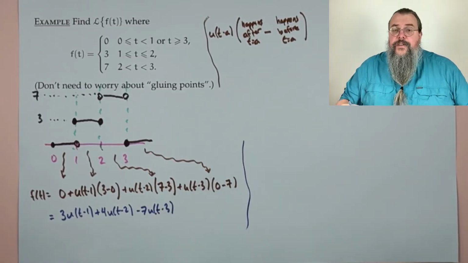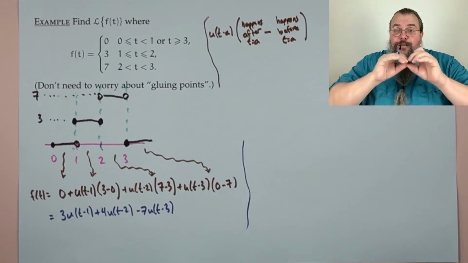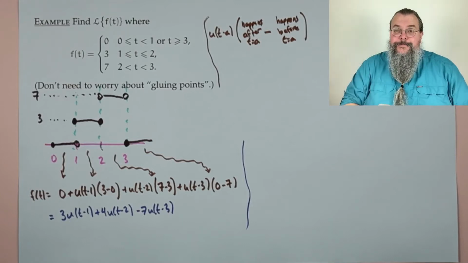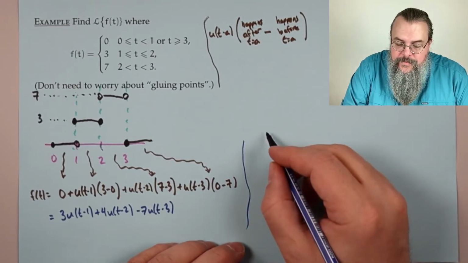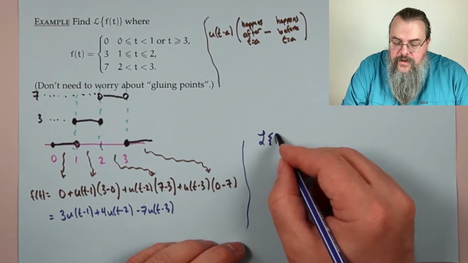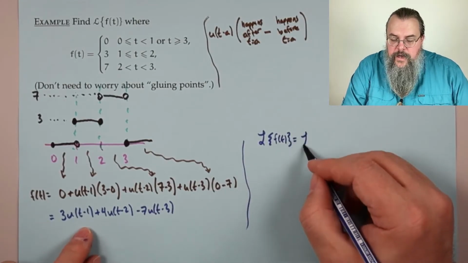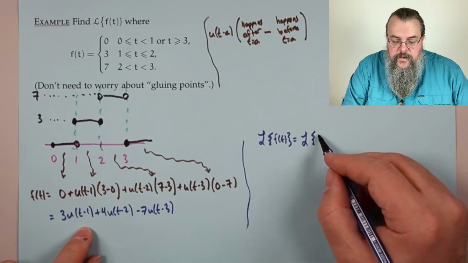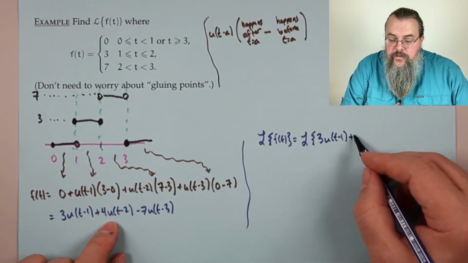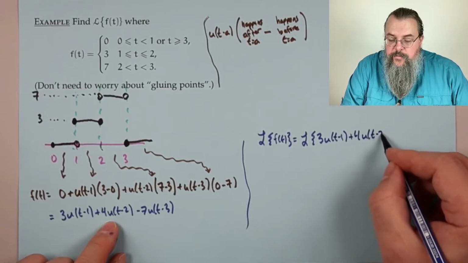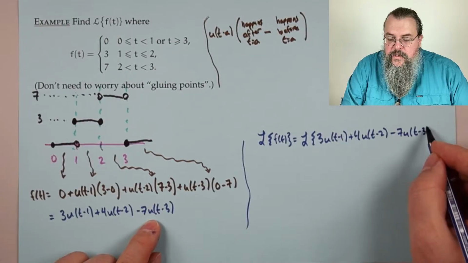So that is to say, hey, we can write our function in this nice one-line notation with some on-off behavior. So if we want to find the Laplace of f of t, well, that's the same as the Laplace of 3 u(t minus 1) plus 4 u(t minus 2) minus 7 u(t minus 3).